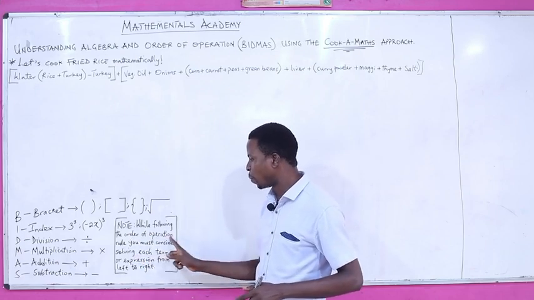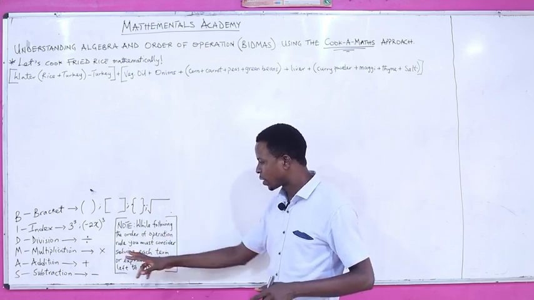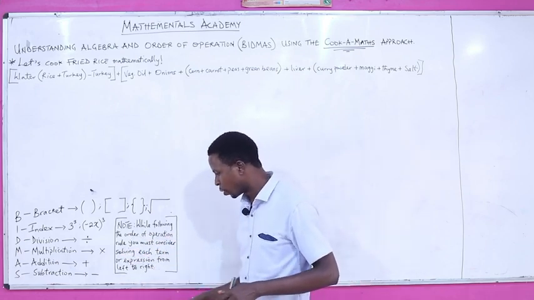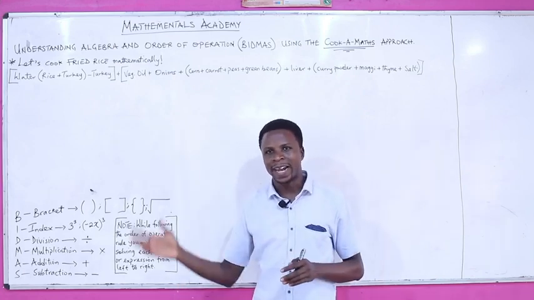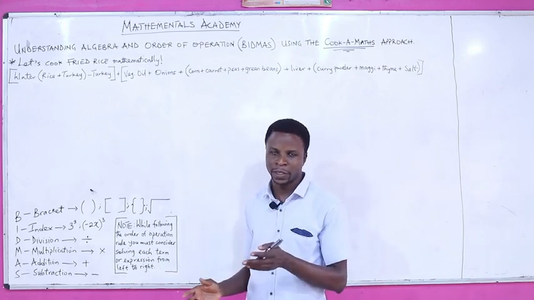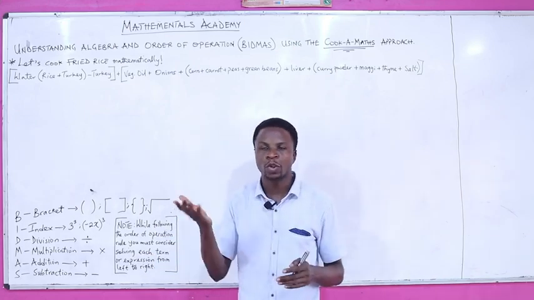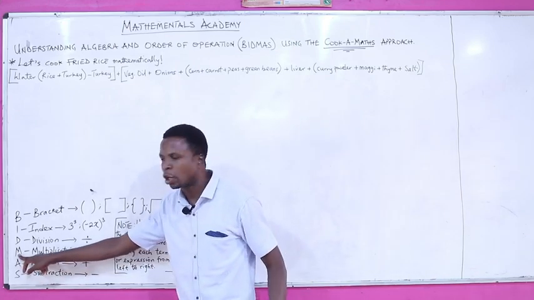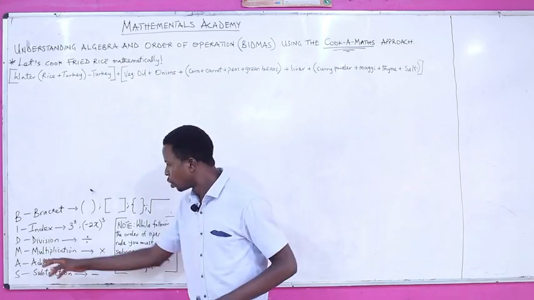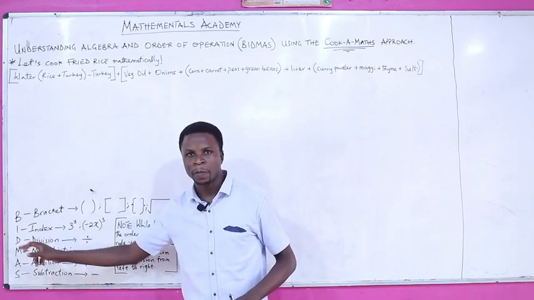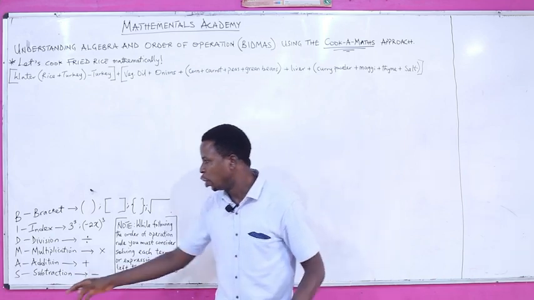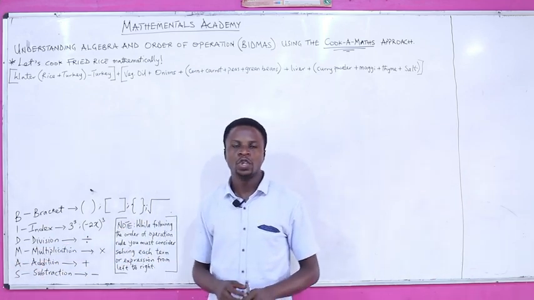While solving the order of operation rule, you must consider solving each term or expression from left to right. This is very important, from left to right. So let's say you scan through your question and you see multiplication coming first from your left. You solve multiplication before you divide. But if it's division that comes first, you divide before you multiply.